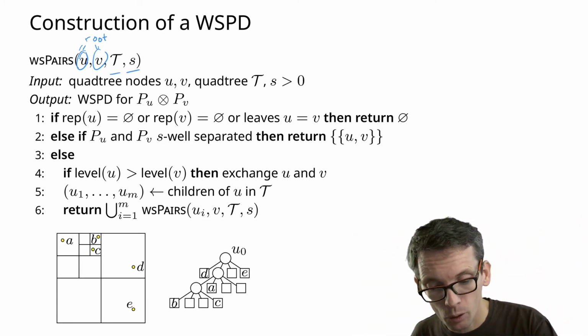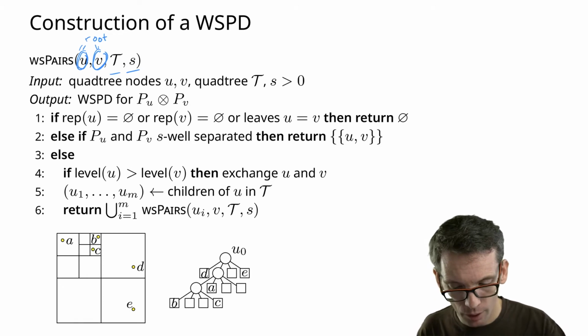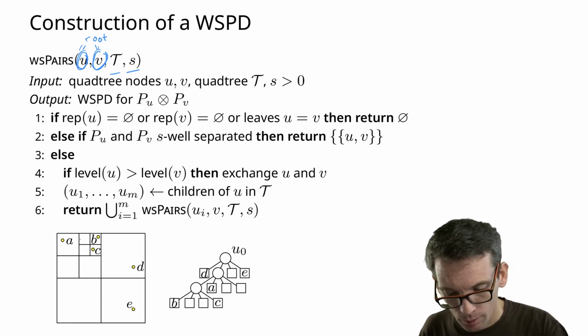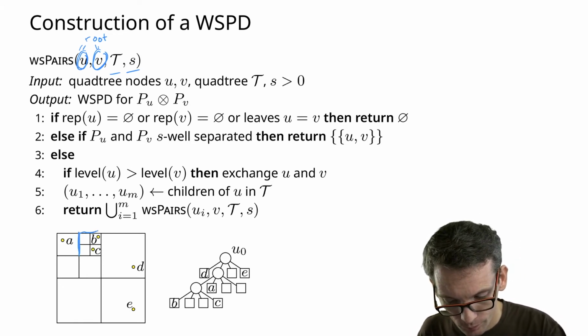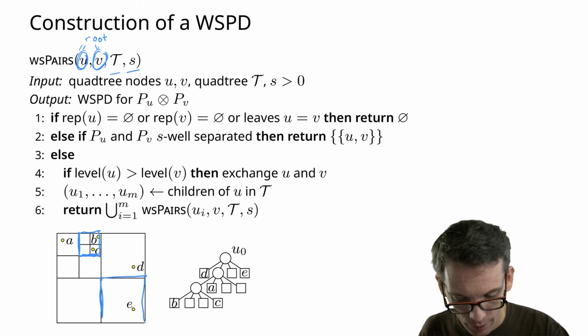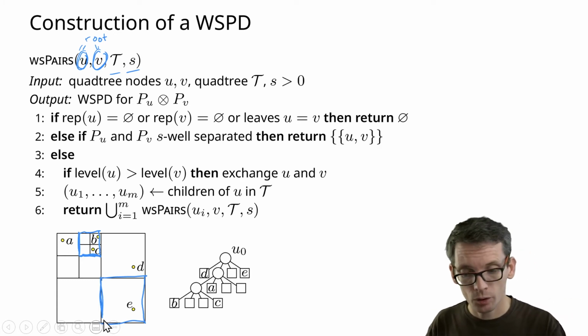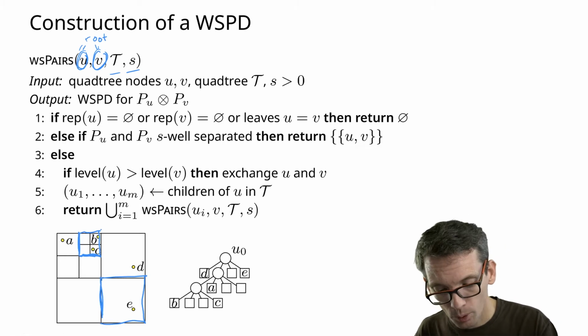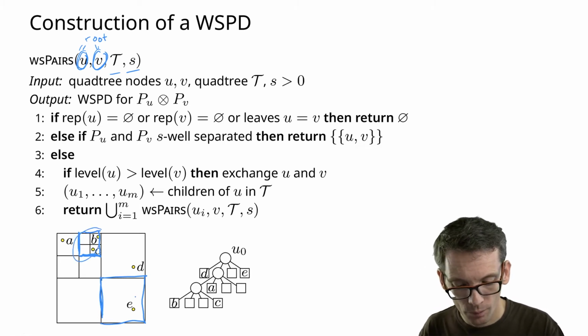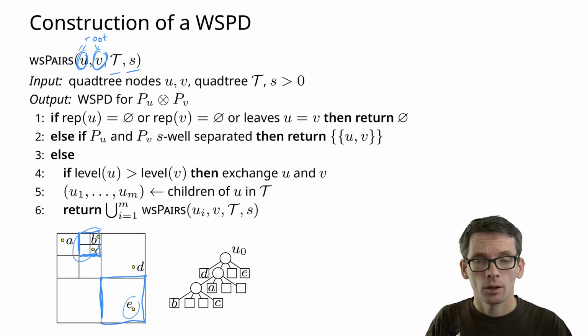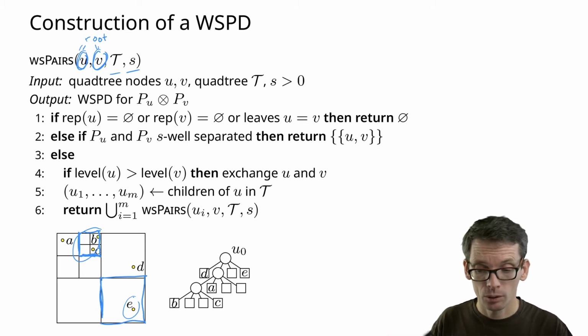In terms of the recursion, if I'm already at nodes U and V somewhere down, so let's say this is U and this is V, just to have an example, then I want a well-separated pair decomposition between the points P_U and the points P_V. There are some trivial cases to exclude.